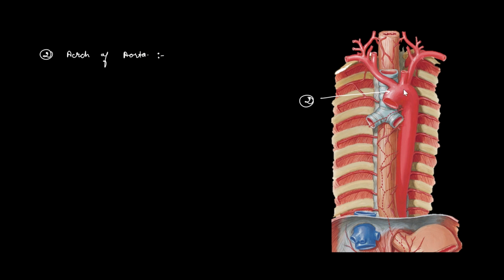This arch of aorta further, at the level of the fourth thoracic vertebra, gets transformed into the third part of aorta, which is known as the descending aorta. So let's look at the topography of the arch of aorta.